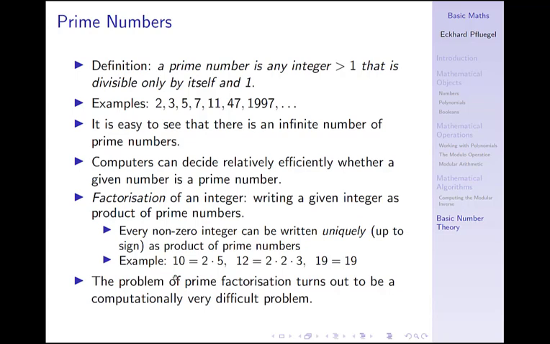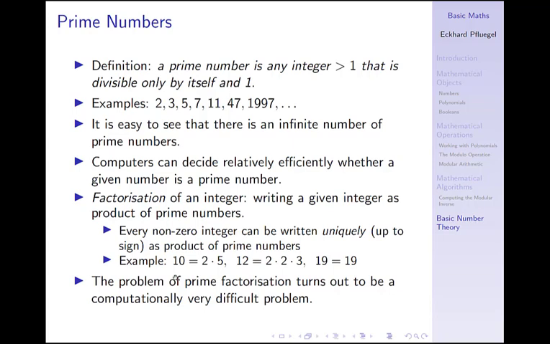So now let's look at prime numbers, which are a very important ingredient in number theory. By definition, a prime number is simply any integer, and we're going to assume an integer greater than 1, otherwise it's trivial, that is divisible only by itself and 1. In other words, it doesn't have any non-trivial factors.